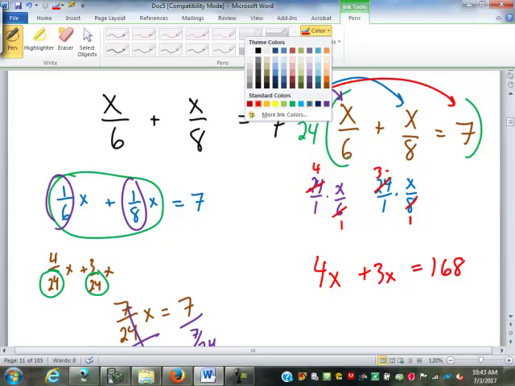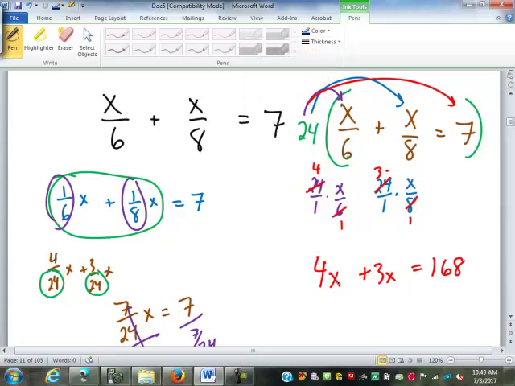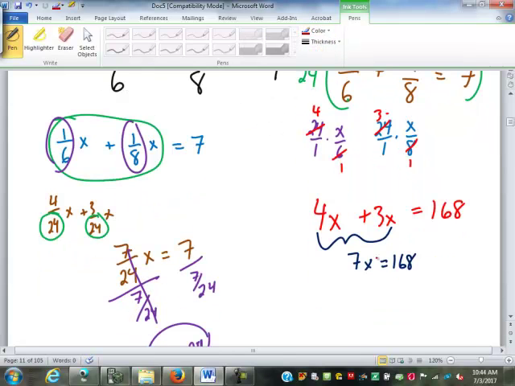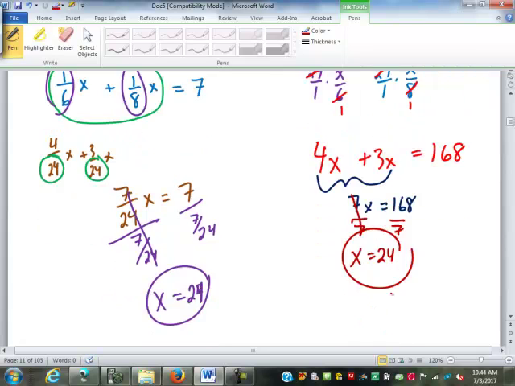So now all I got to do is combine 4x and 3x. 7x equals 168. And then divide by 7, which is 24, which is what we got before.